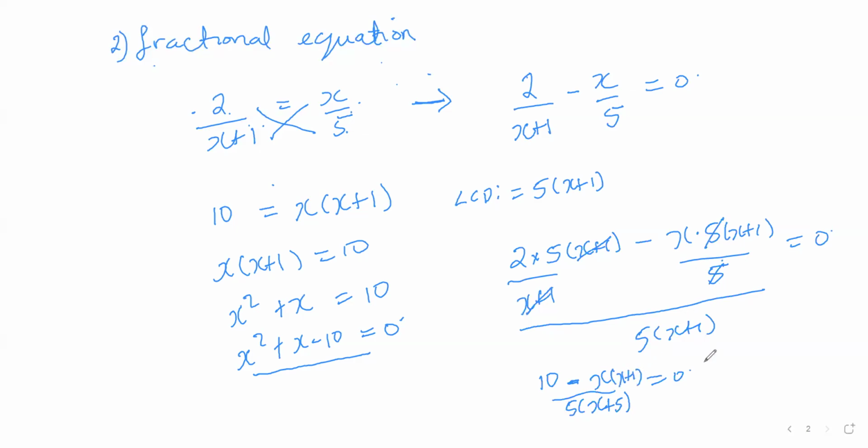It then becomes easy for me to cross multiply, and the 5 times x plus 1 goes to that side and becomes 0. So my denominator is eliminated. I'm left with 10 minus x times x plus 1 equals 0, which still boils down to this very quadratic that we have here. Then we can solve for our x.